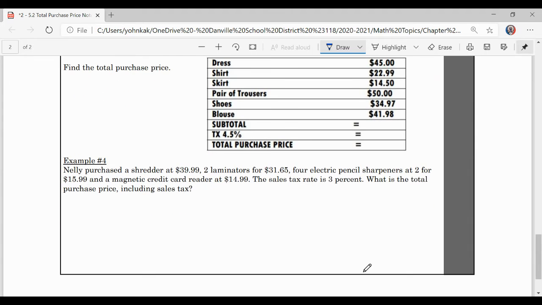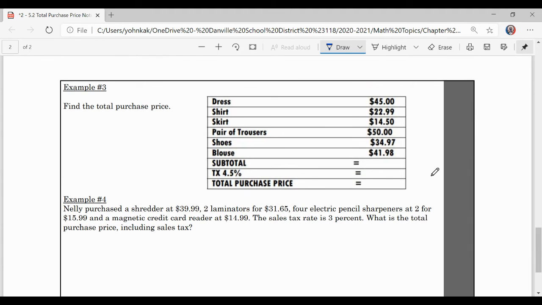All right, here's 2 more examples. Number 3 is going to use this chart. Find the total purchase price. So we're buying a dress, shirt, skirt, a pair of trousers, shoes, and a blouse. So the subtotal is just going to be adding all of these up. So if I add all of those up, I get $209.44. The sales tax is 4.5%. So I'm going to take the 209.44 and I'm going to multiply.